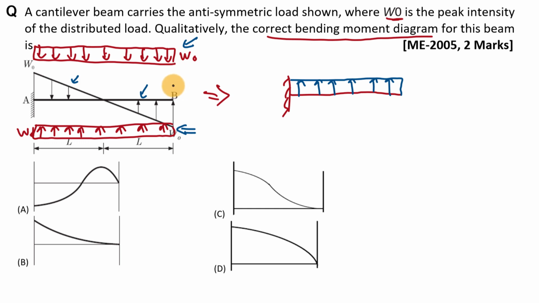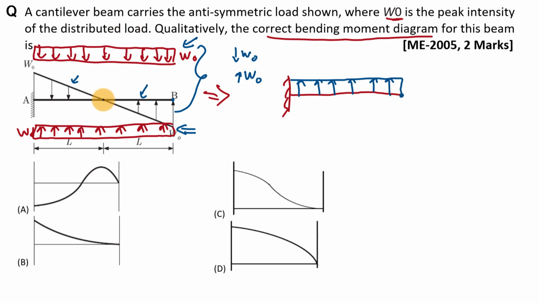Now understand carefully that at point B, this uniform distributed load is in the downward direction having value W0, and this distributed load is in the upward direction having value W0, right? So the summation of both loads will be 0 at this point.